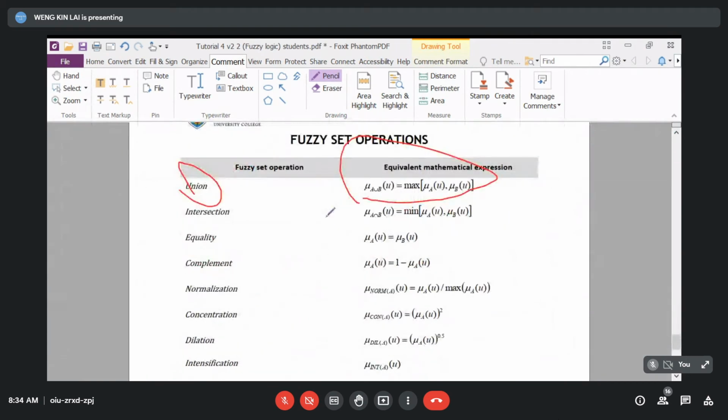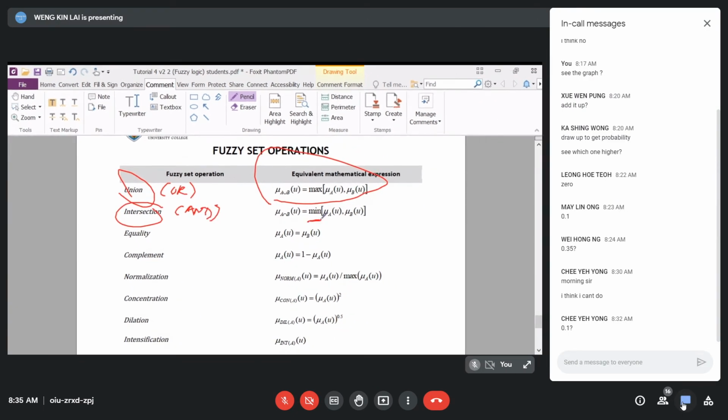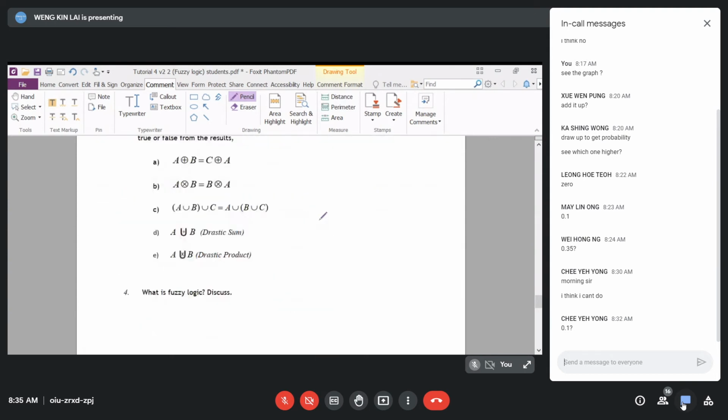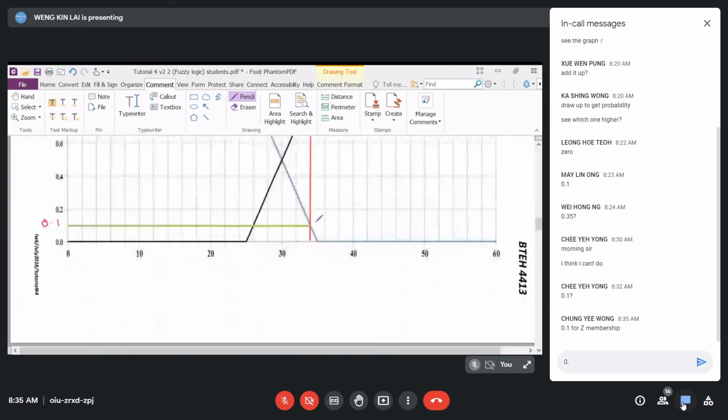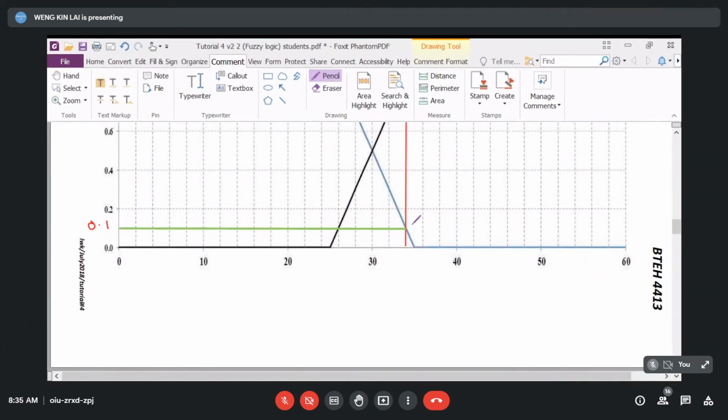Intersection is strictly the AND function, and this is obviously your OR function. So what is it? Yes, correct, Chungyi. So this is 0.1.